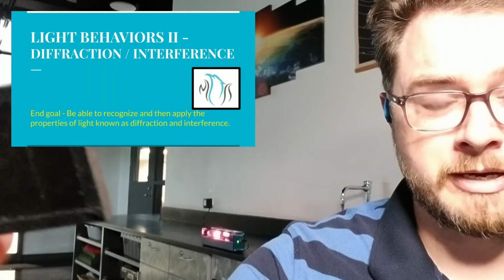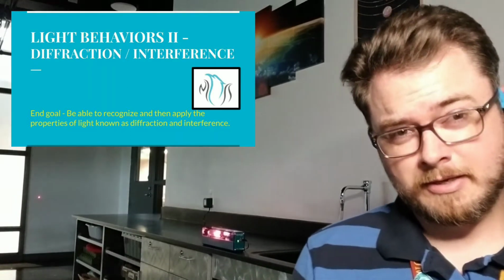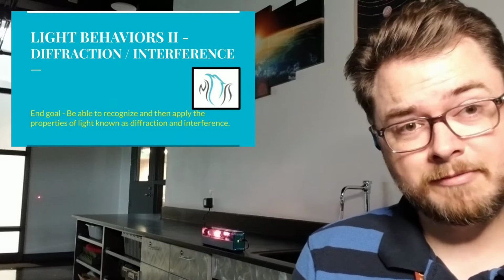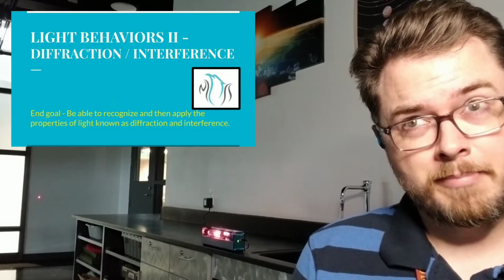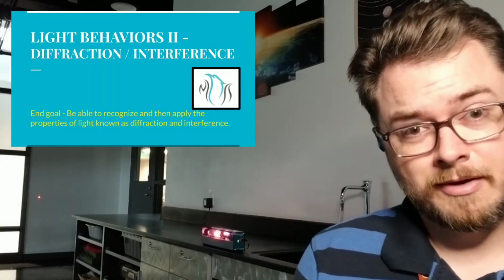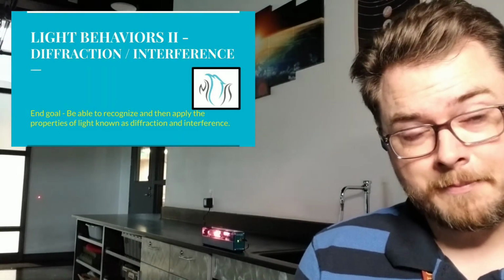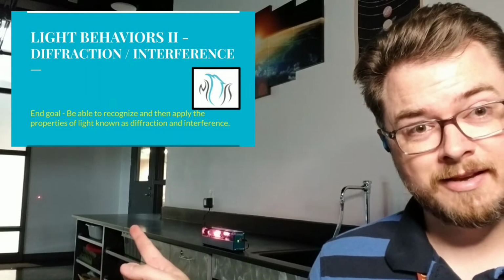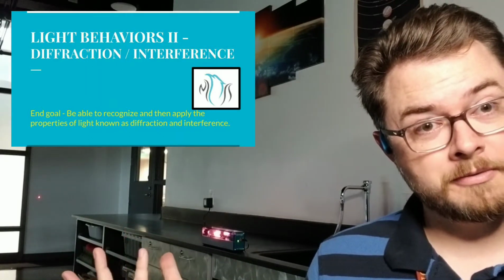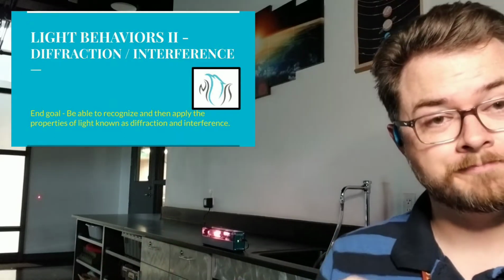So the question becomes, if we take that laser shooting a singular beam of light, and we put the diffraction grating in front of it with two slits, what's going to happen? What are we going to then see on the wall? Will it be one line still, like one little beam like it is now?